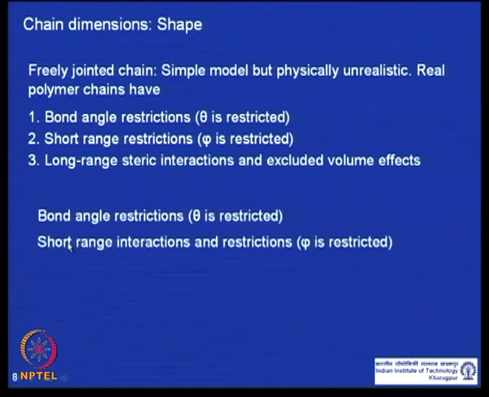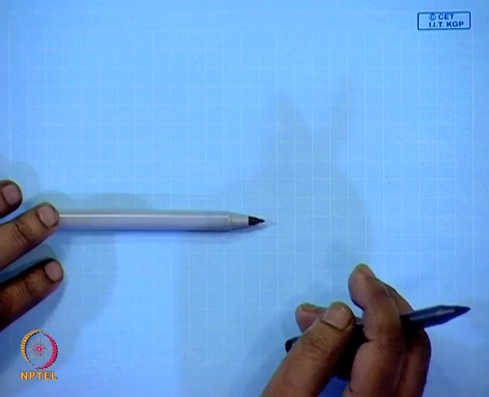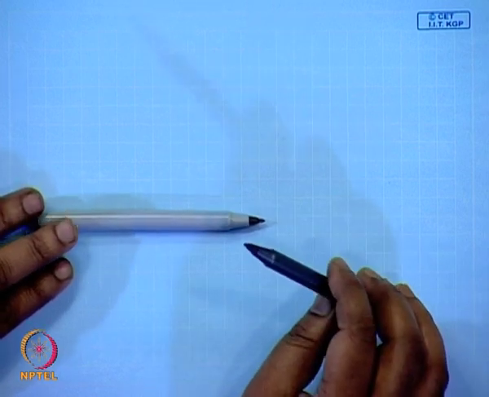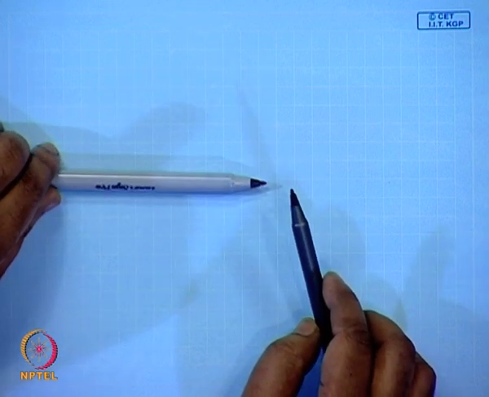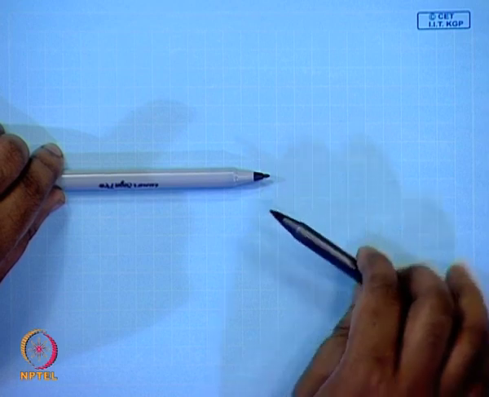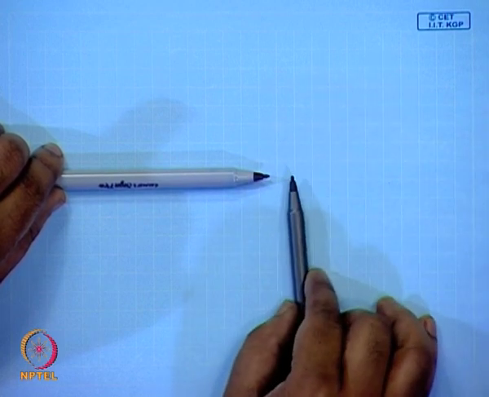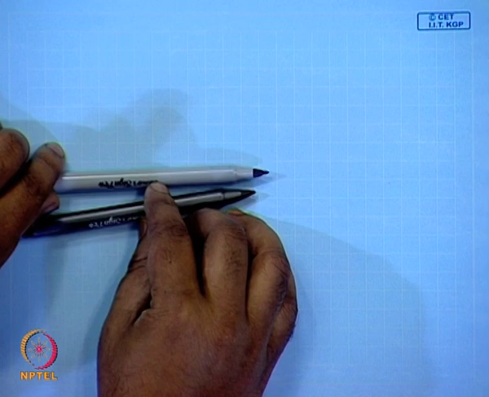Now, let us first consider these two, bond angle restriction and short range rotational restriction. Let us consider first a simple bond, one bond like this. Now the other one, in the case of a freely rotating chain, you can place it here, here, or even here.